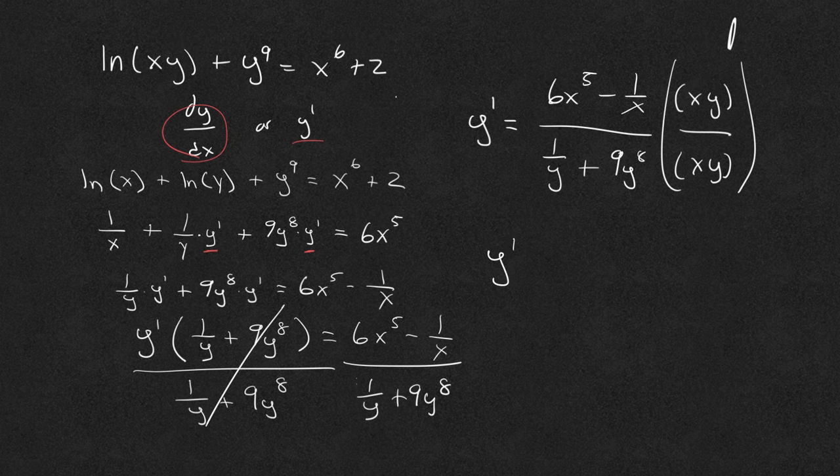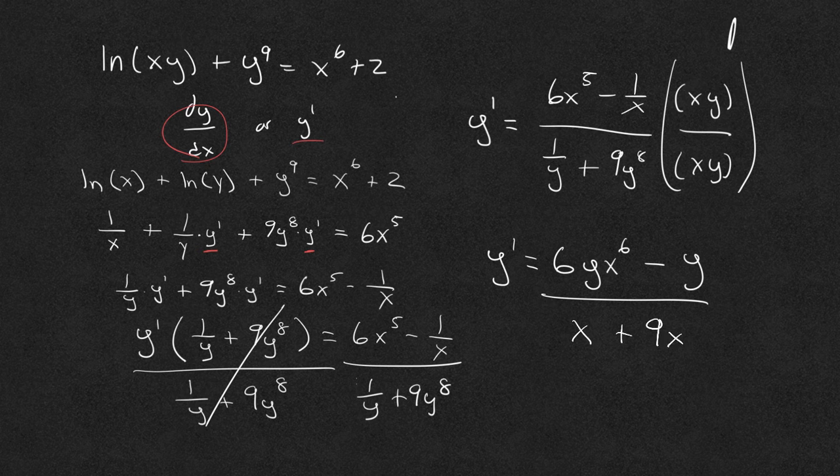And if I distribute this through, you can see I'm going to get 6y x to the 6th minus y, because if I distribute this x times y to here, the x's will cancel. I'm left with just a y. And then on the denominator, again, if I distribute this through here, the y's will cancel. I'll be left with just an x plus 9.